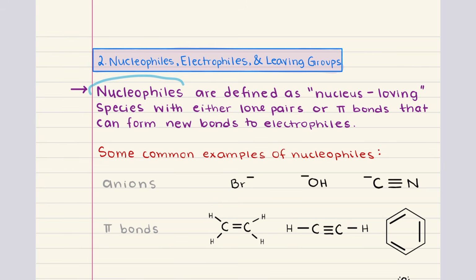Let's start with nucleophiles, which are defined as nucleus-loving species. Nucleophiles have either lone pairs or pi bonds that allow them to donate electron density and form new bonds with electrophiles. Since they provide electrons in a reaction, nucleophiles behave as Lewis bases.